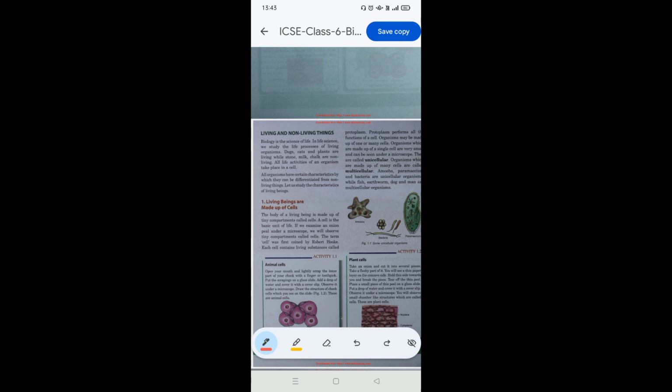So, living beings are made up of tiny compartments called cells, and these cells are the basic unit of life.